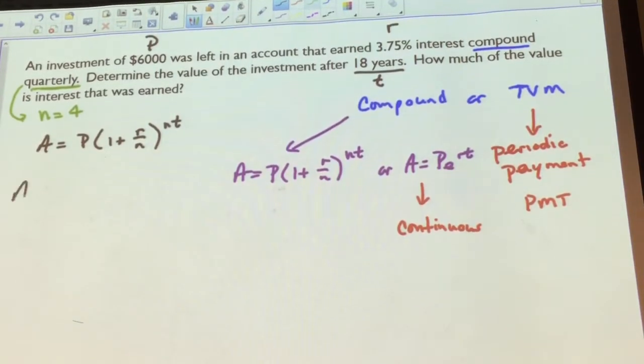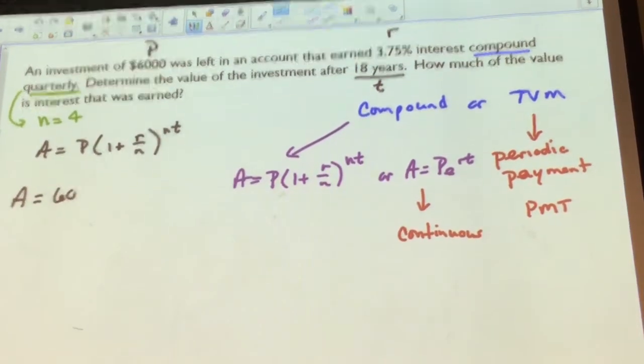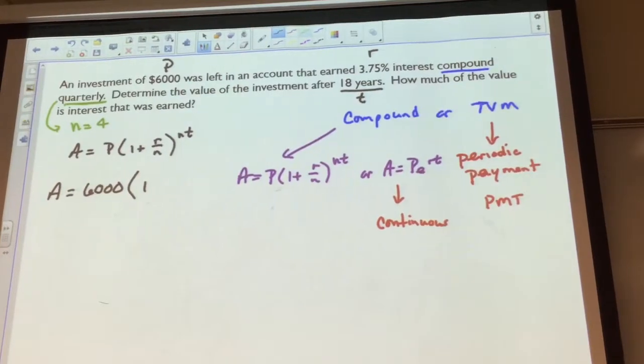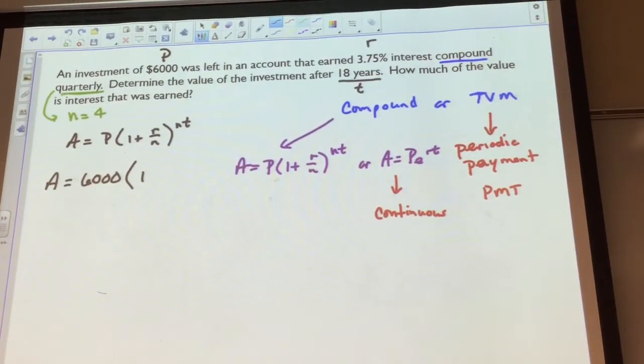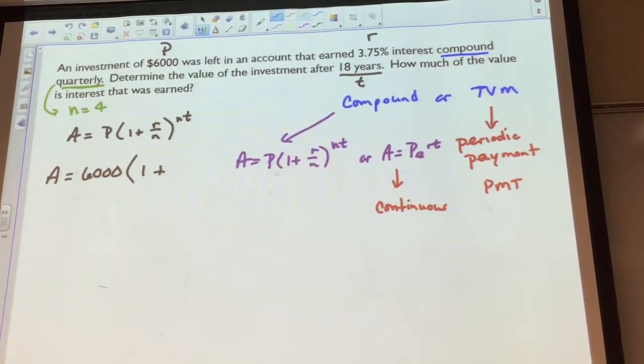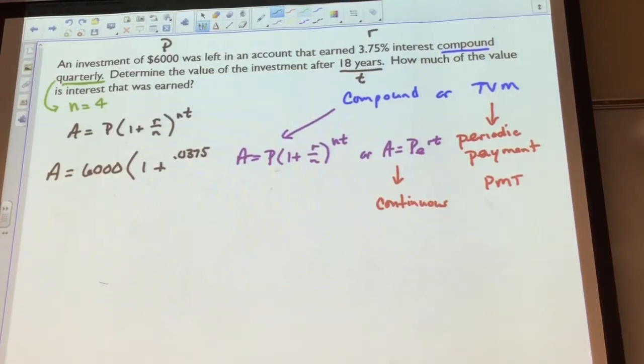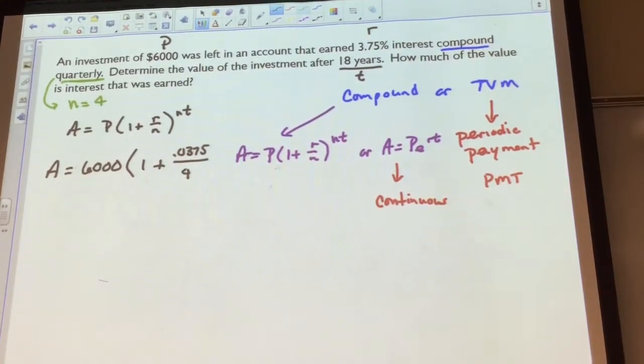So the amount that I have at the end starts with $6,000. I keep all of the interest, which is what the 1 represents. I get my interest rate of 3.75%, broken up into installments of 4.